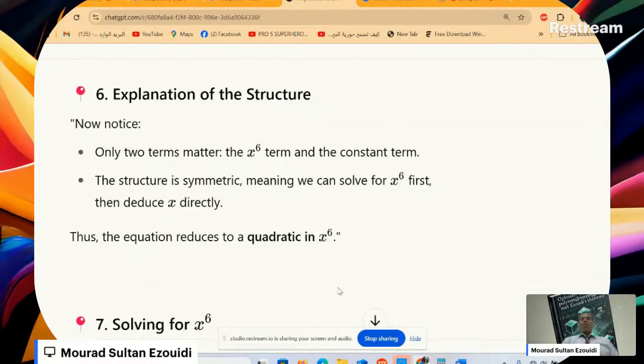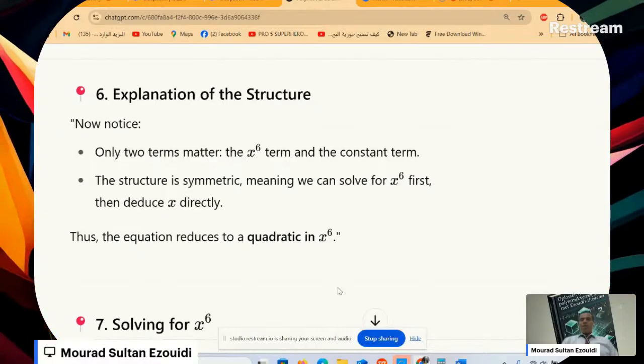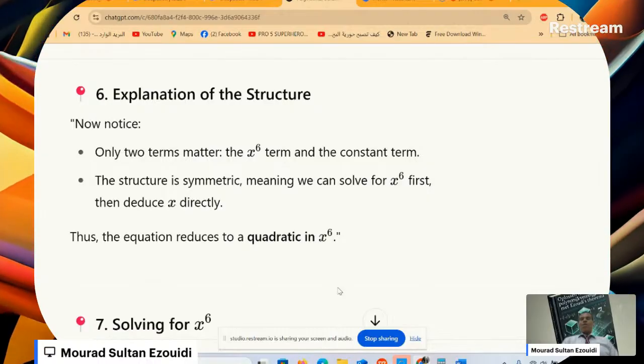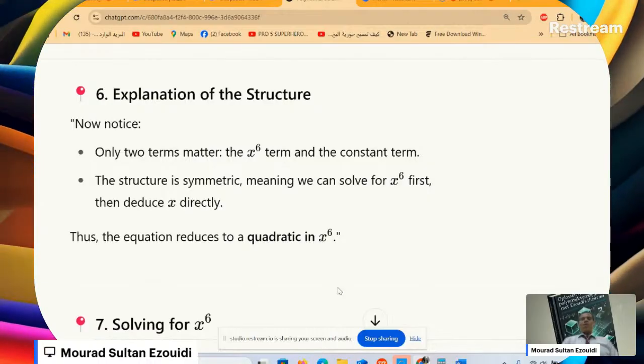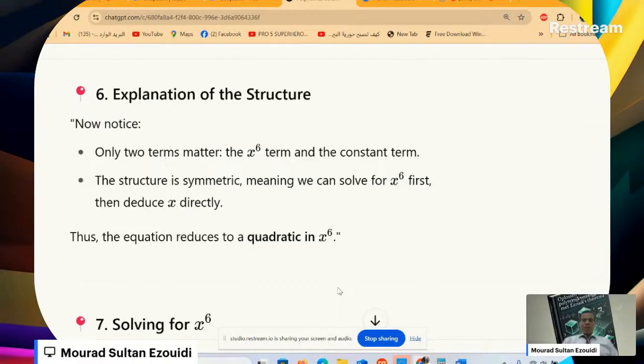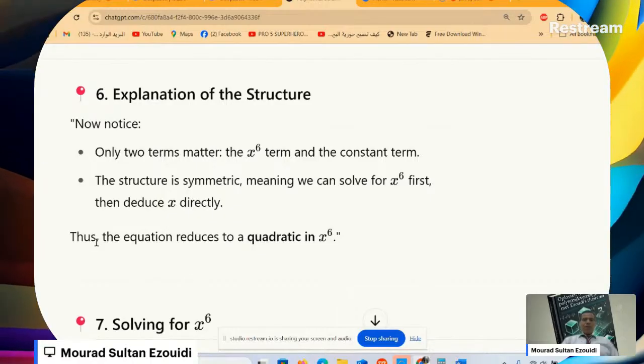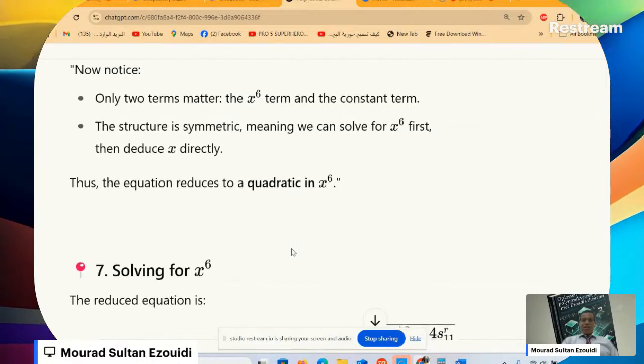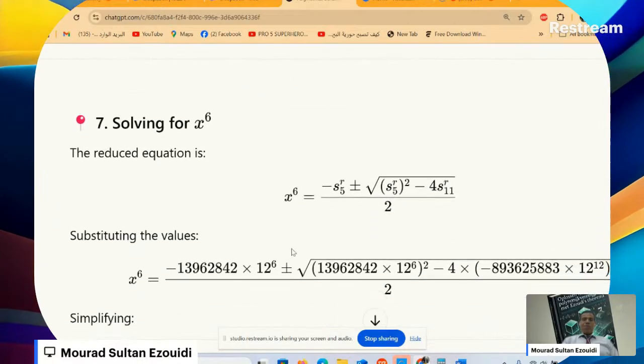For example, if x raised to the power 6 equals a positive a, you write x subscript k equal a raised to the power 1 over 6 times exponential 2kiπ divided by 6. So the equation is reduced to the quadratic in x raised to the power 6.